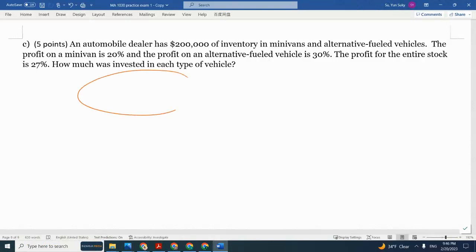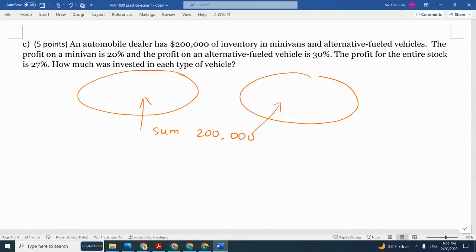So we have two types. You put some money here, you put some money here, and the total is $200,000. We don't know how much money we put in each type, so let's give it a variable. Let it be x. If we put x amount here, then the other kind will be 200,000 minus x. Profit is the amount multiplied by the rate.